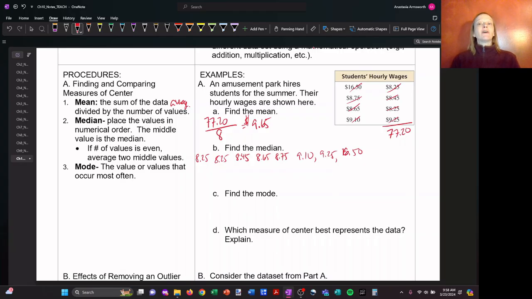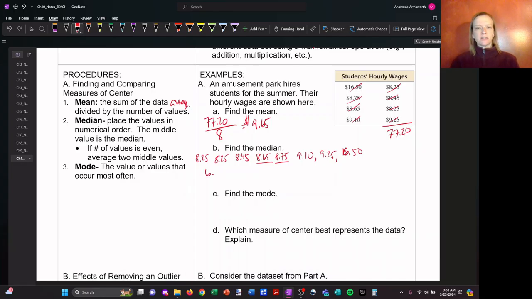To find the median, we want to find the middle number. Since there are 8 values, there is no one middle number. Numbers 4 and 5 are both in the middle. If there were an odd number of values, I would just pick the middle number. But here, because there's an even number of values, I take those 2 middle values and I average them.